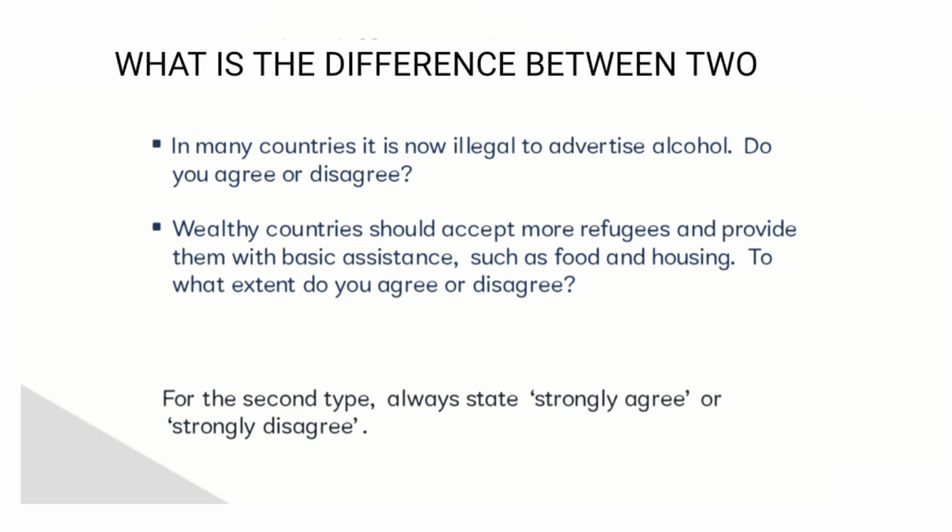In our first question, we just need to write whether we are agreeing or disagreeing. But in our second question, we have to mention to what extent. So, we should include I strongly agree, or this essay strongly agrees, or this essay strongly disagrees with that opinion. So, we have to write like that.